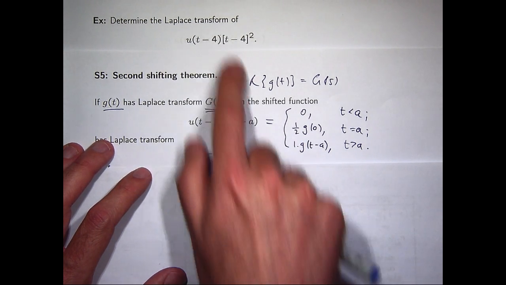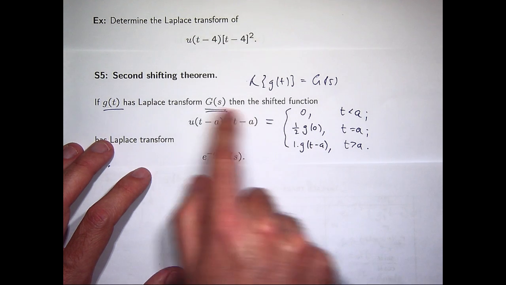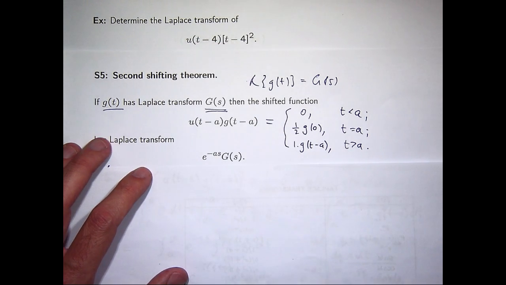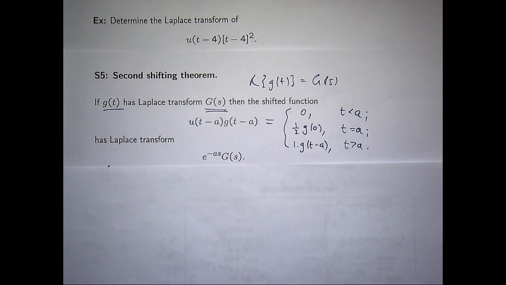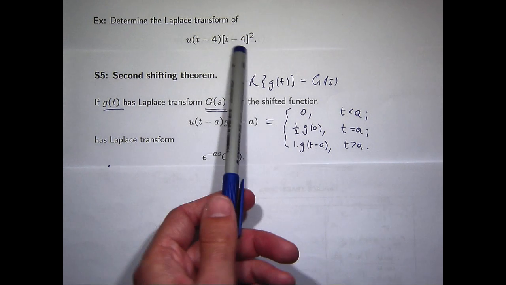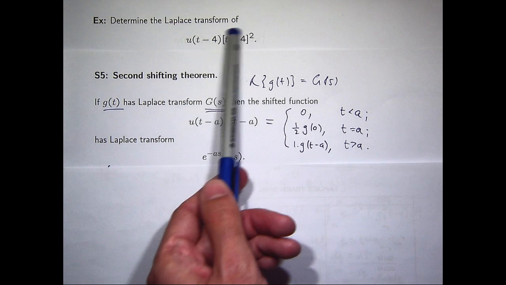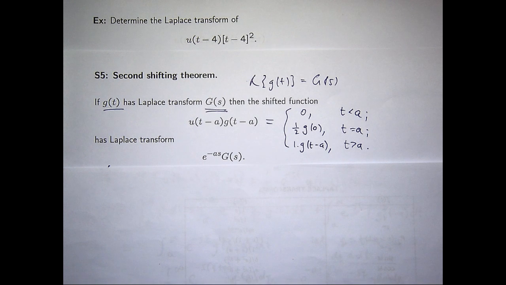So you can see that it's of this form with a equals 4 and g of t minus a equals (t minus 4) all squared. So what would little g of t be for our example? If this is g of t minus 4, what will g of t be? T squared, right? T squared.